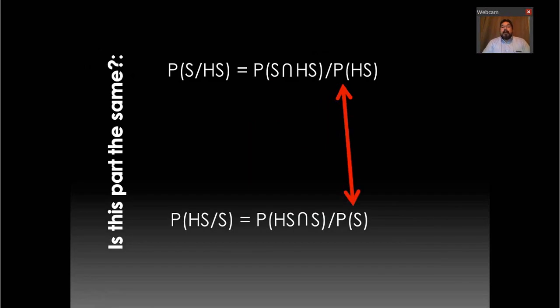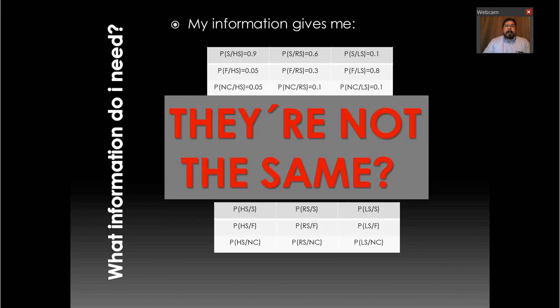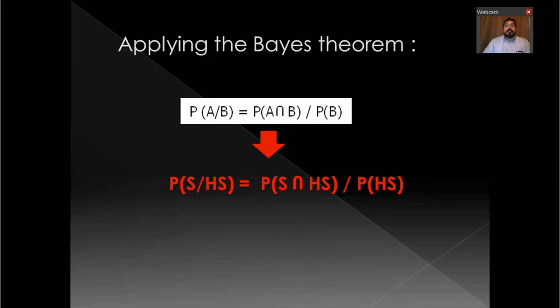But what about the second part? Is the probability of high sales exactly the same as the probability of success? They are not the same. So we need another type of process to analyze this information.